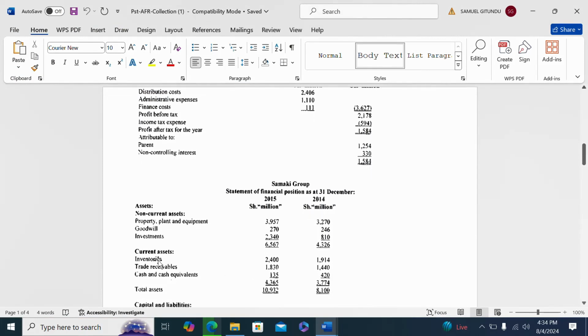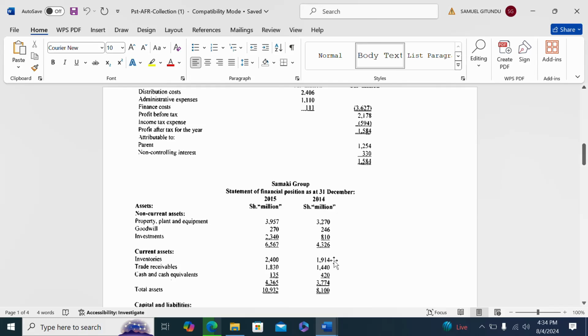The inventories as at 31st December 2015 were 400 million, and as at 31st December 2014 it was 1,914 million.